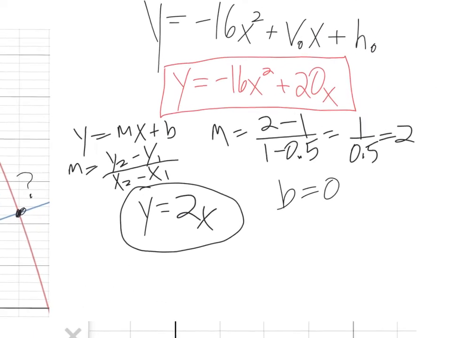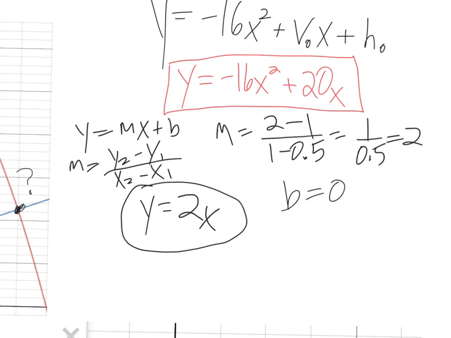And then I showed my work here, but like I said, you can kind of do that one in your head. But if you pick 2 points, you'll end up getting m is 2, and then that y-intercept is easily identifiable at 0. So these are my 2 equations, negative 16x squared plus 20x, and y equals 2x.